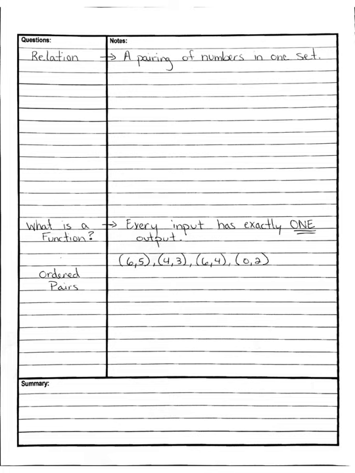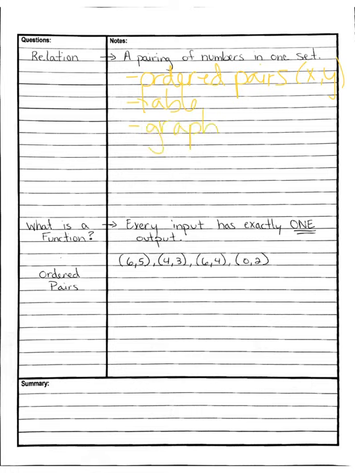So let's talk about what a relation is. We know that a relation is a pairing of numbers in one set. I want to talk about the different ways to represent relations. One way would be ordered pairs. X comma y, that is a way of representing a relation. We could have a table. We could have a graph.